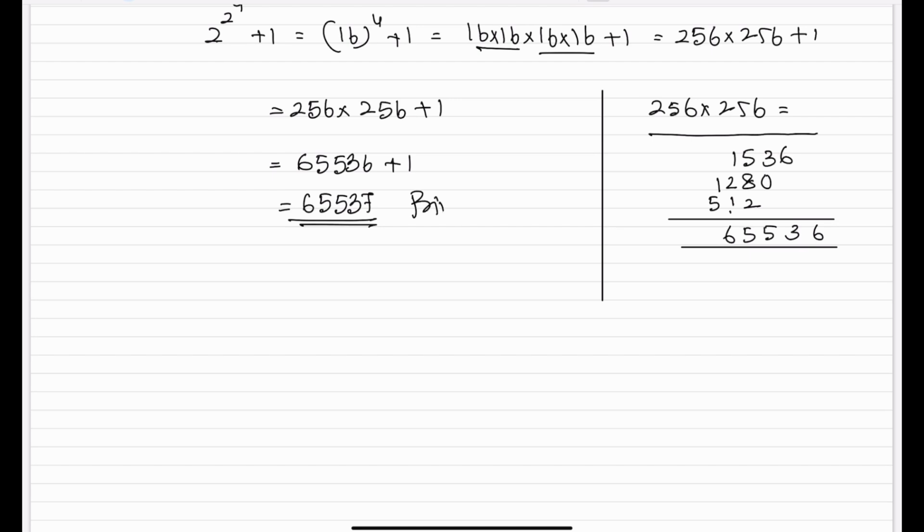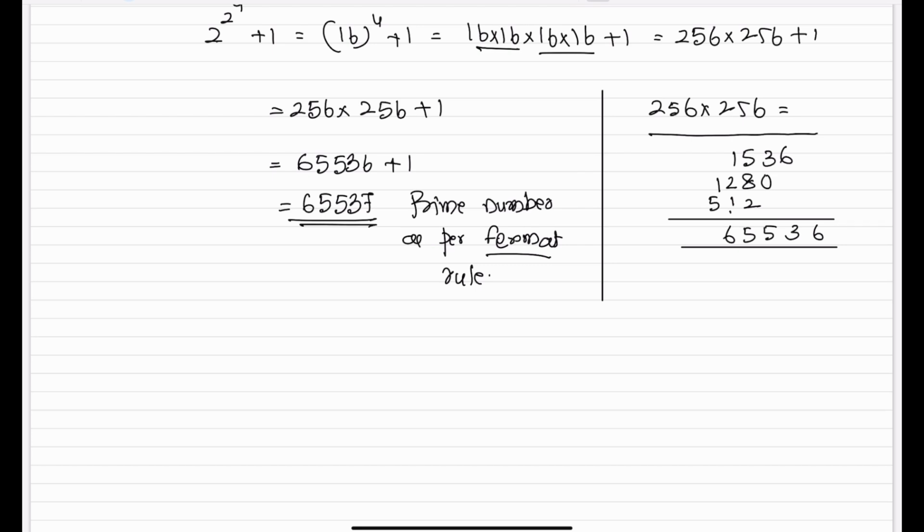It is a prime number as per Fermat rule. As per Fermat rule, 6 5 5 3 7 is a valid prime number.